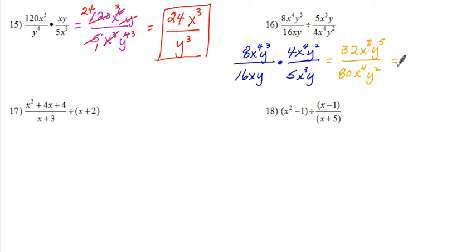Then this simplifies. 32 and 80 can get down to 2 over 5, I believe. So you're left with 2 x to the fourth y to the third over 5. I took 8 minus 4 and 5 minus 2 and left with positive exponents up here.